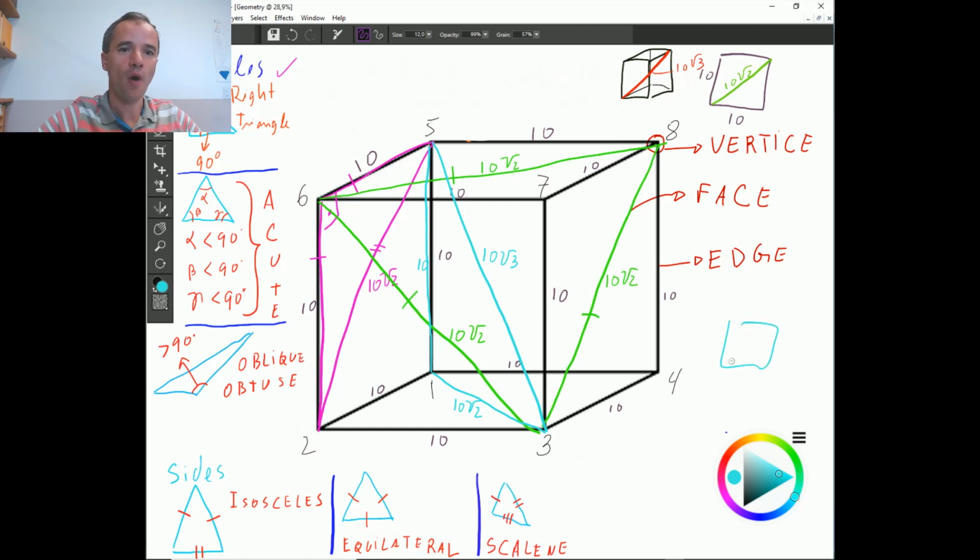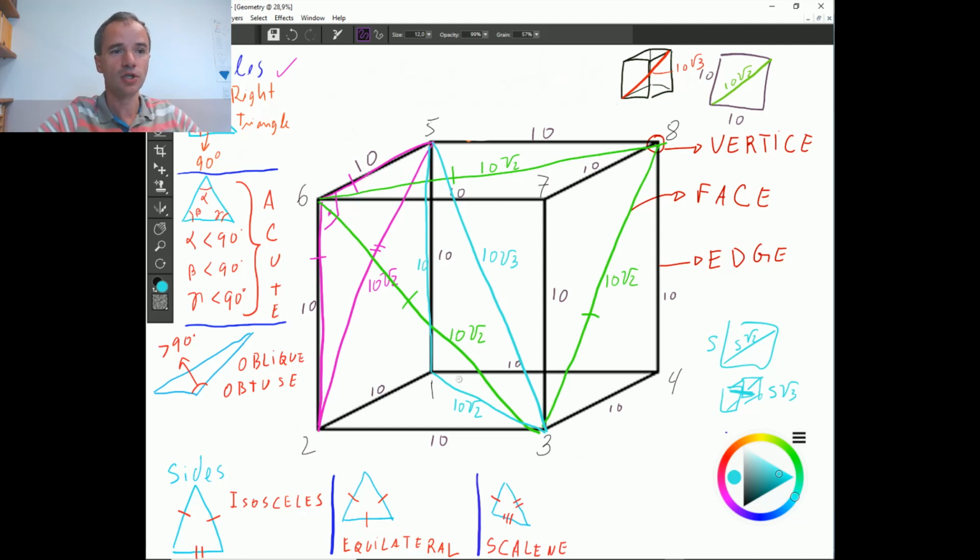If this has side s, the diagonal is s square root of 2. But if you're talking about a cube, the diagonal of the cube is going to be side square root of 3. Remember that?